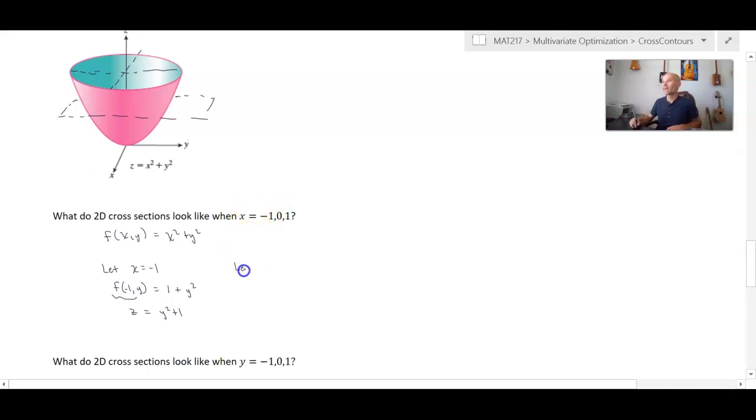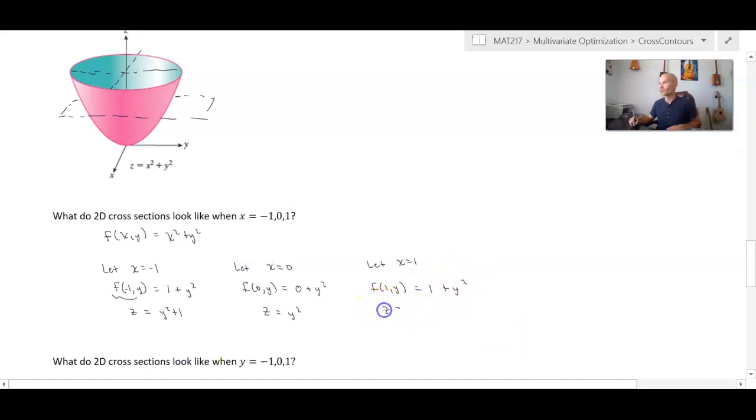When I let x equal 0, then I'm looking at f of 0 comma y, plugging in 0 for x. That would be 0 plus y squared, or just z equals y squared. When I let x equal positive 1, well, 1 squared is still 1, so it's going to also be 1 plus y squared.